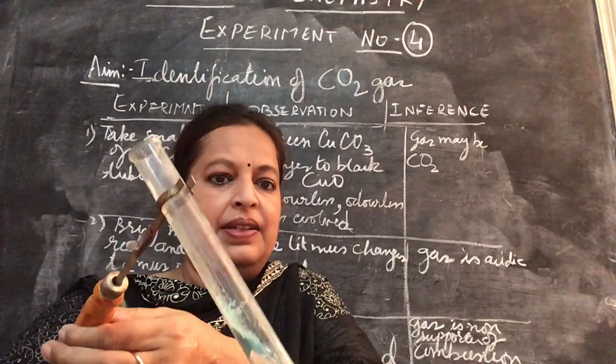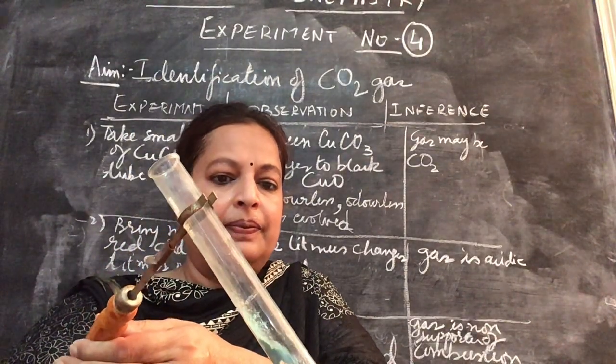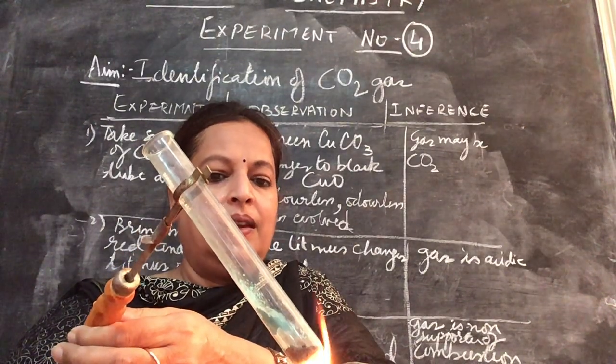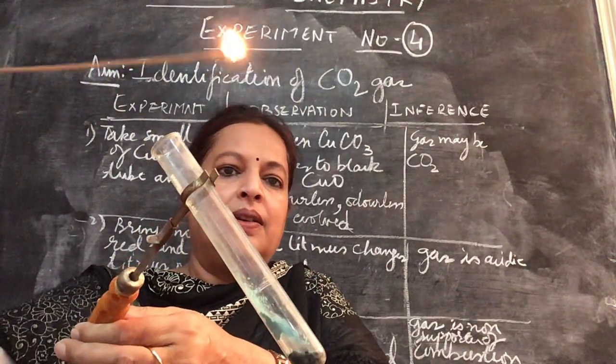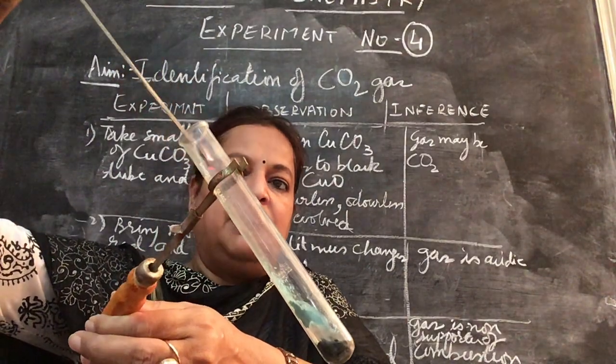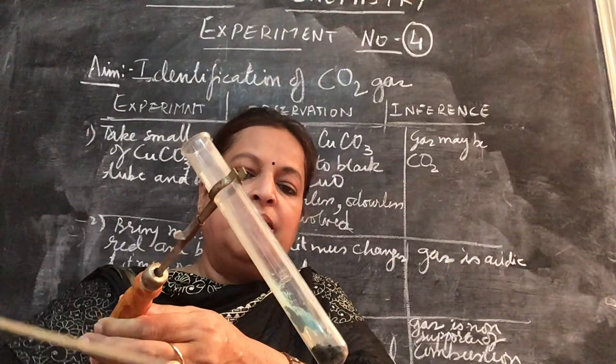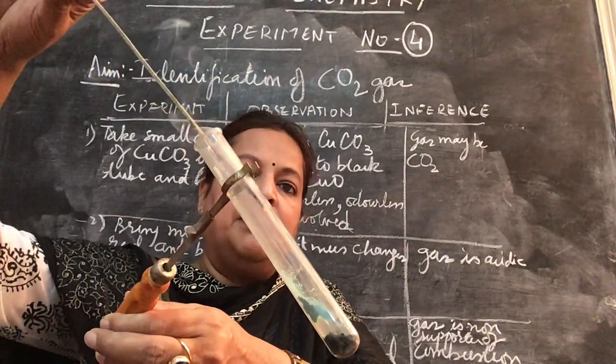So I am heating the gas here with the help of the burner. Right, and this is a burning splinter I have to introduce and see whether it is extinguished or not. It is immediately extinguished. This confirms it is a non-supporter of combustion.